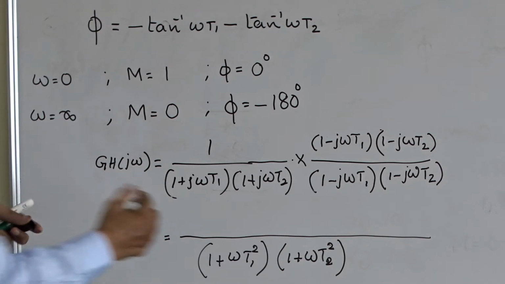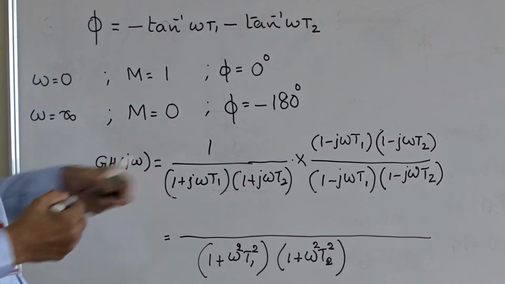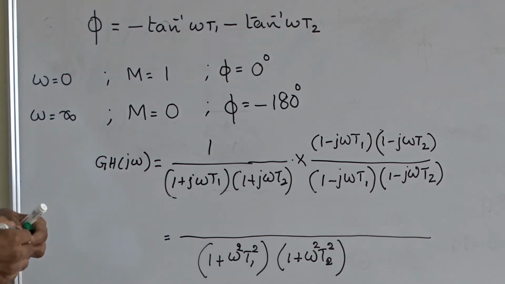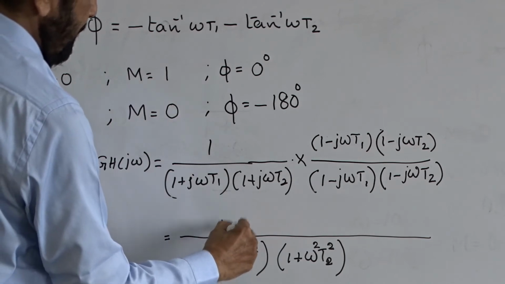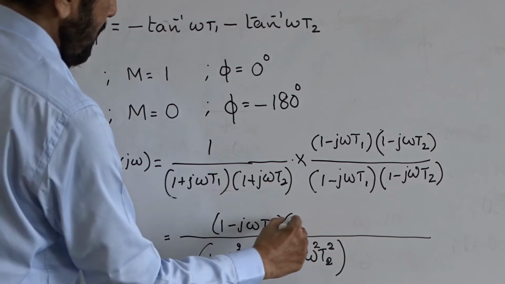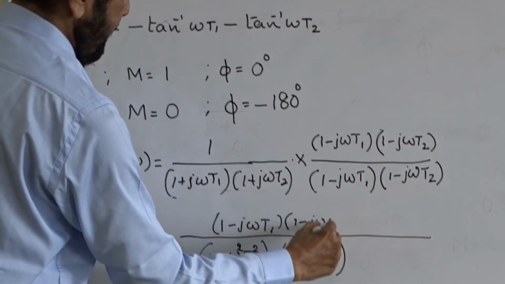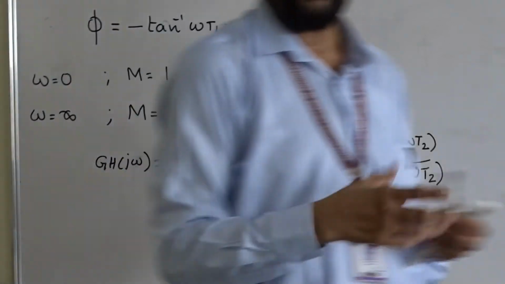Applying (a plus b) into (a minus b) equals a square minus b square, for the numerator we have (1 minus j omega t1) into (1 minus j omega t2). You multiply the numerator and separate the real part and imaginary part.